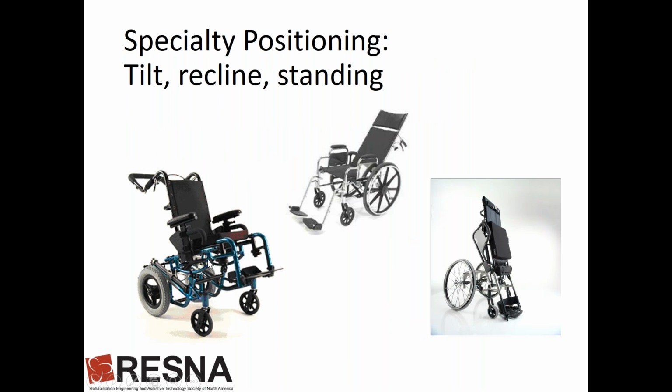So we've talked a lot about a tilt in space, and you see how high this is off of the casters. They're usually not going to be in the way of the casters. This is a manual recline. We had that simulator that showed a manual recline. And this is a standing frame chair. So there are manual standing frame chairs. And when you talk about the function and the task, I think that's really what's important.